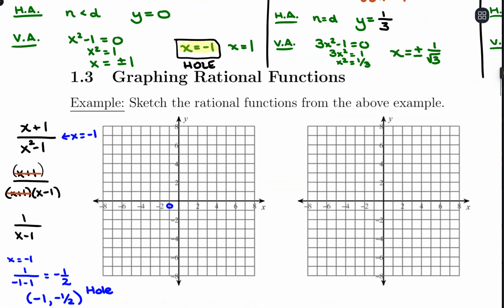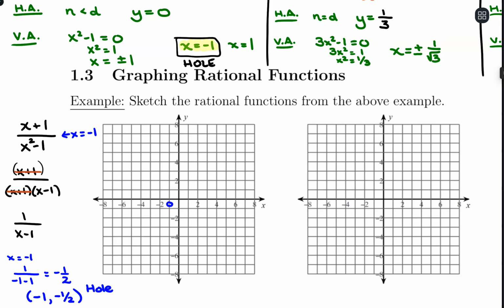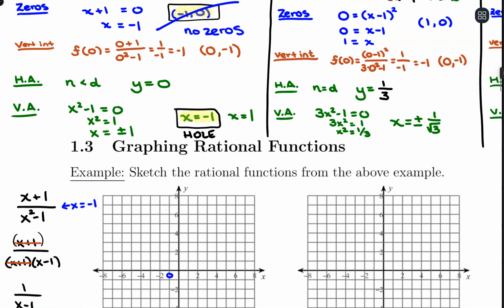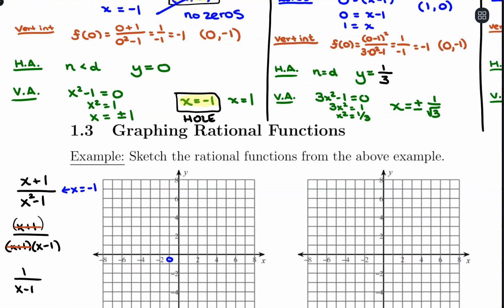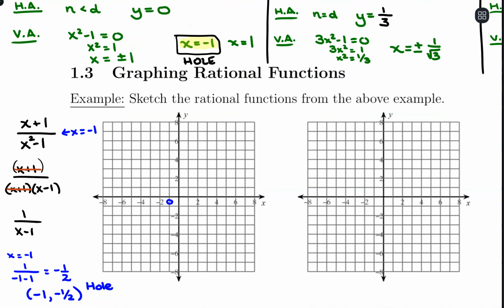Okay, so we don't have any zeros to graph, but we have that kind of special scenario of a hole coming through. So I'm showing that with an open circle because we're going to graph all around it, but we want to show that we're undefined at that point. We have a vertical intercept at 0, negative 1, so I'm going to plot that defined coordinate right there. We have a horizontal asymptote at y equals 0, so that tells me in the long run we're going to be getting closer and closer to 0, or getting closer and closer to the x-axis.